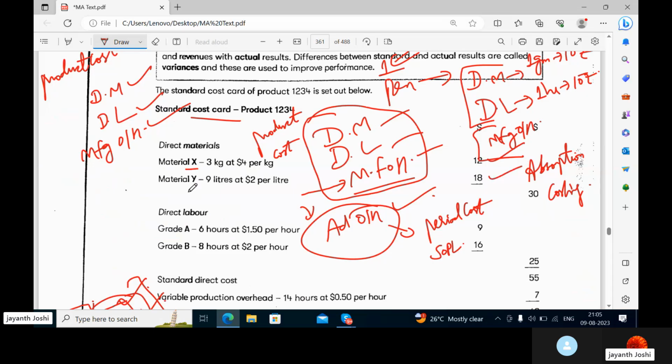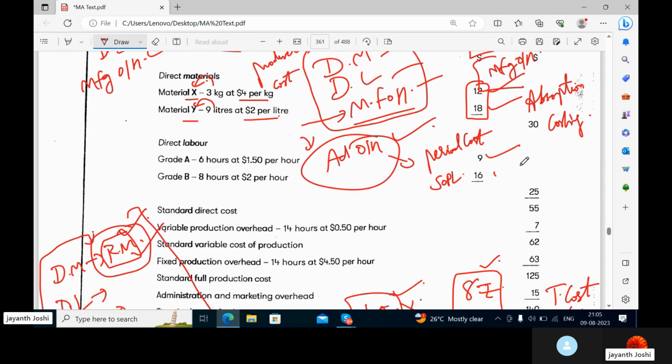Direct material here is metal X and metal Y. 3 kg is required to make metal X at the rate of $4 per kg, and 9 liters is required to make material Y at the rate of $2 per liter. So the entire cost is 12 and 18. Direct labor is 9 and 16. 6 hours of grade A labor at $1.50 per hour is a total of $9, and 8 hours of grade B worker at $2 per hour is $16.